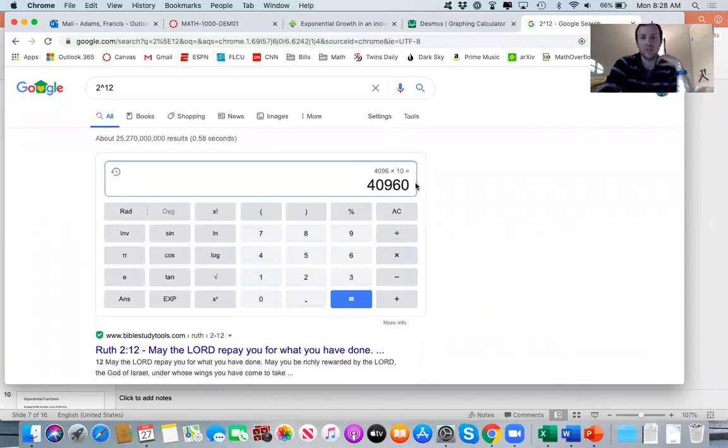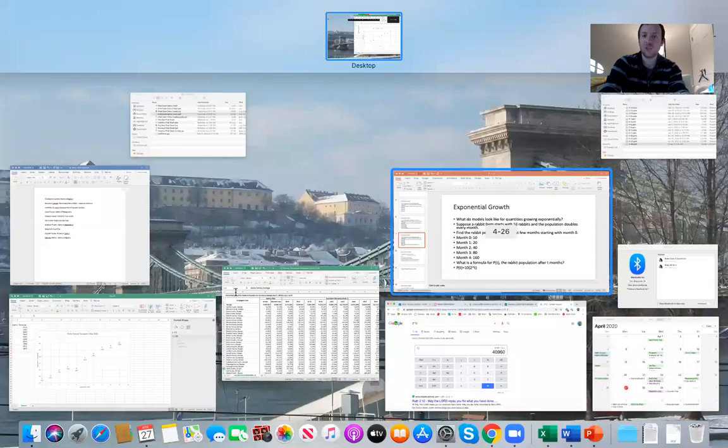After a year, you would have almost 41,000 rabbits. And that's saying exponential growth grows really quickly, and you really get into unmanageable amounts.